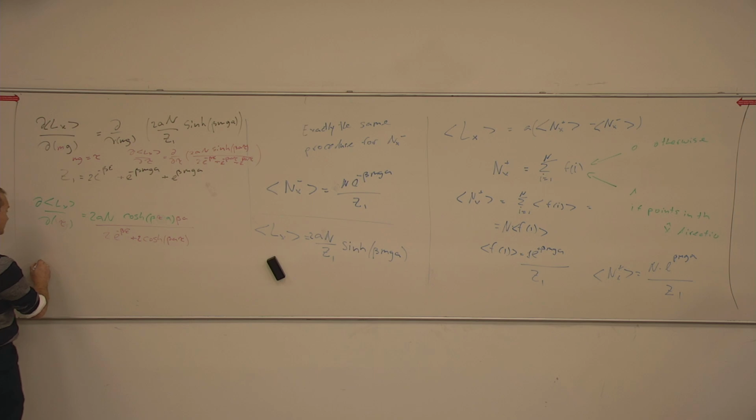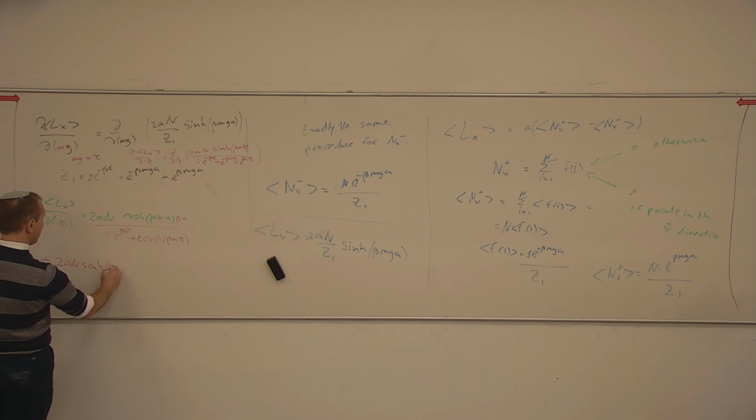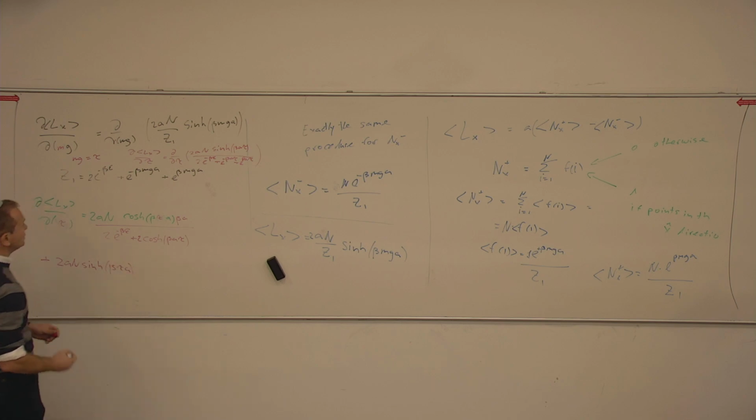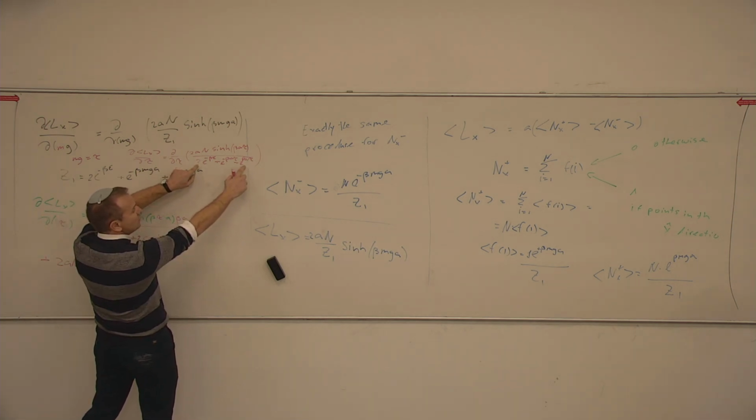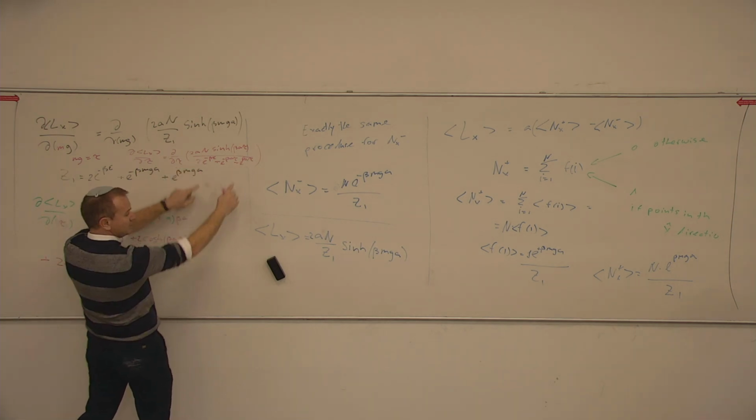And now we have plus 2an hyperbolic sinus of beta a tau multiplied by the derivative of 1 over whatever we have over here.